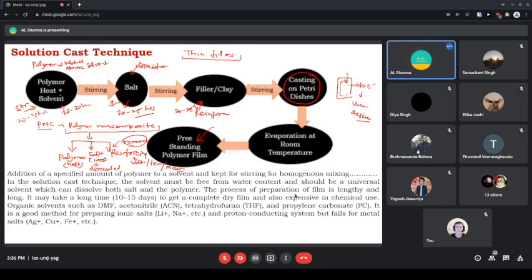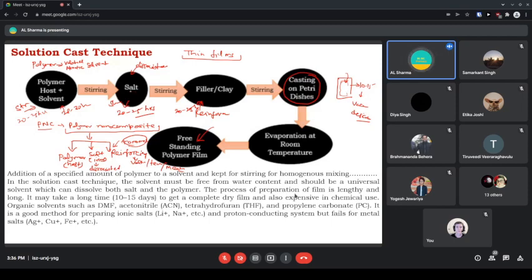You are ensuring that whatever polymers you have are completely dissolved in the solvents. Once it is dissolved, you add the secondary elements, and you again ensure that the polymer and salt interact completely.